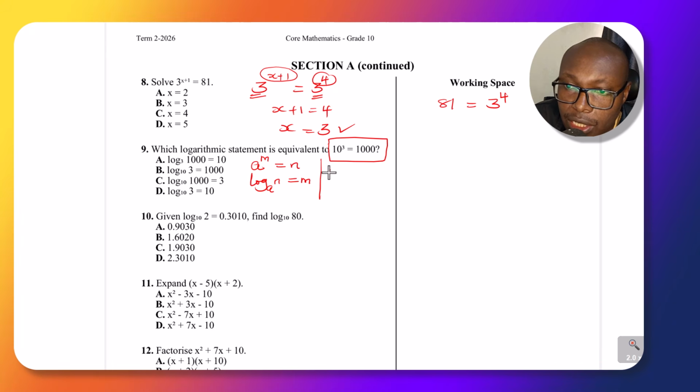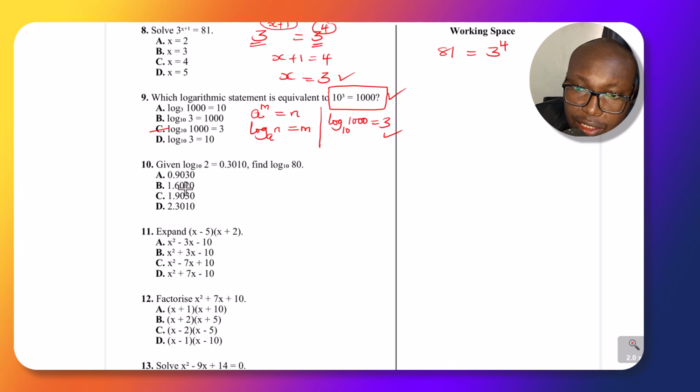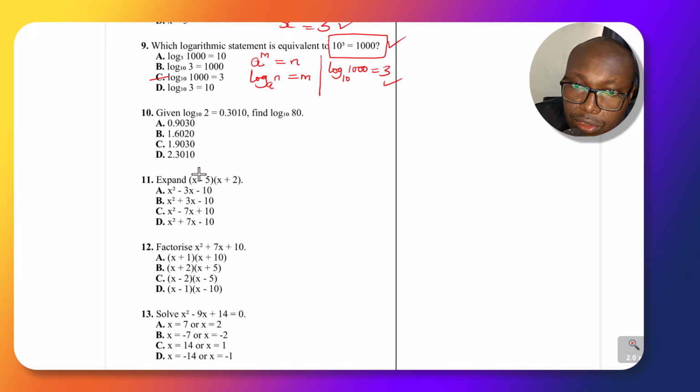So 10 cubed is equals to 1000, so this will be logarithm of 1000 to the base of 10 is equals to 3. So that this is the index form, and then this is the logarithmic form. So which solution is that? That is solution C.